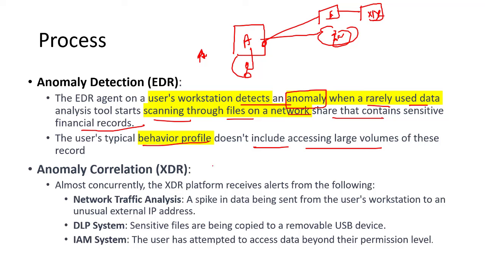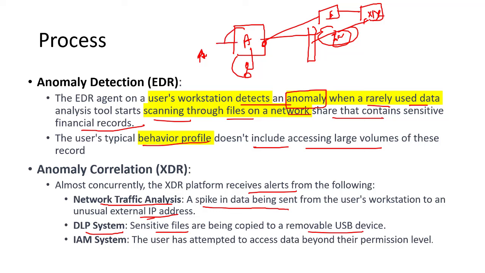XDR. The XDR platform receives an alert, and there was a network traffic analysis. We have seen a spike in the data being sent from a user workstation to an unusual IP, because here we have an NDLP also, so NDLP sends information to XDR. We also have a DLP system which says a sensitive file has been copied to a removable USB drive.